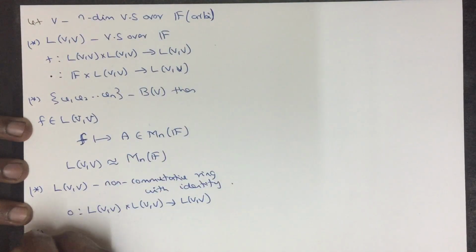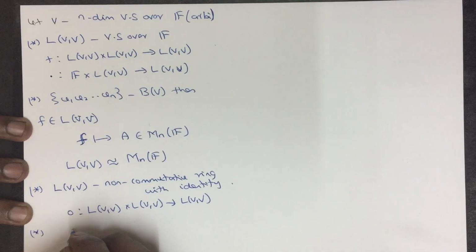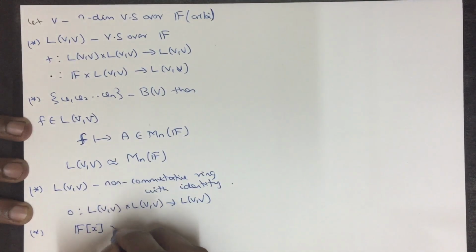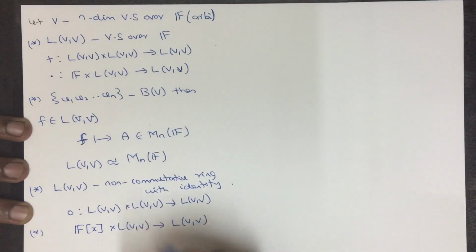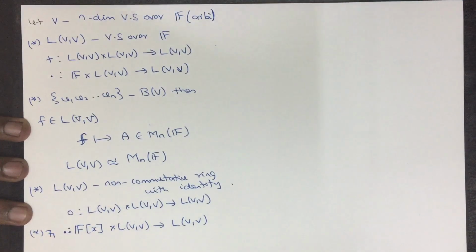We also have to recall, and we also have to see, a new structure now. This structure is between the polynomial ring over the field f and L of V comma V. We try to show that there exists a function called multiplication, where you can multiply a polynomial from the polynomial ring and a linear map.